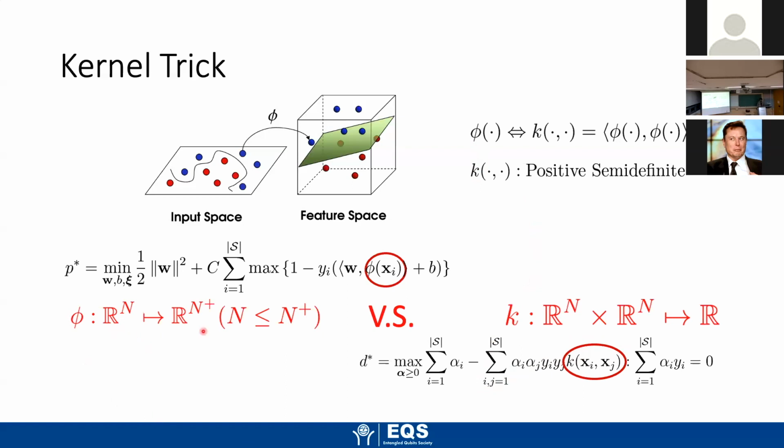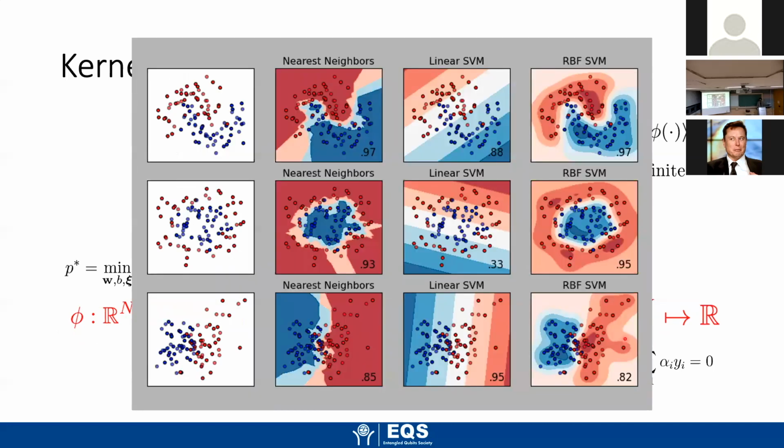So it's really hard to choose the best feature map. But here we can just use a kernel function. So for example, you can think about the RBF function. Here, RBF means radial basis function, and the Gaussian function is part of the RBF family.